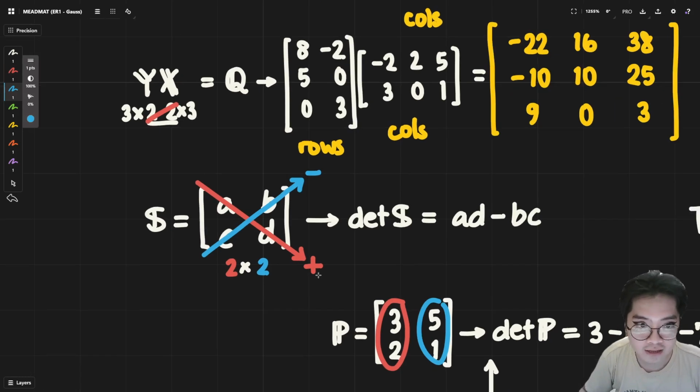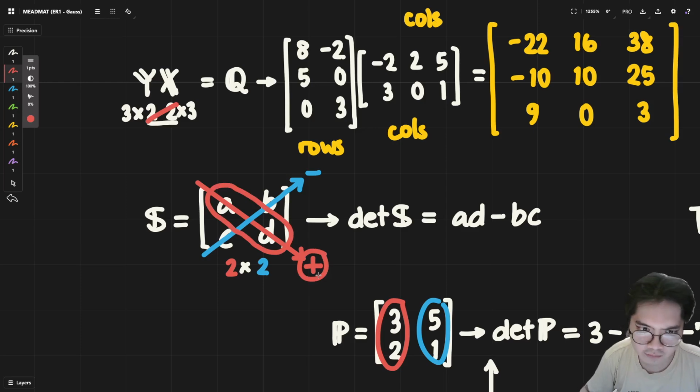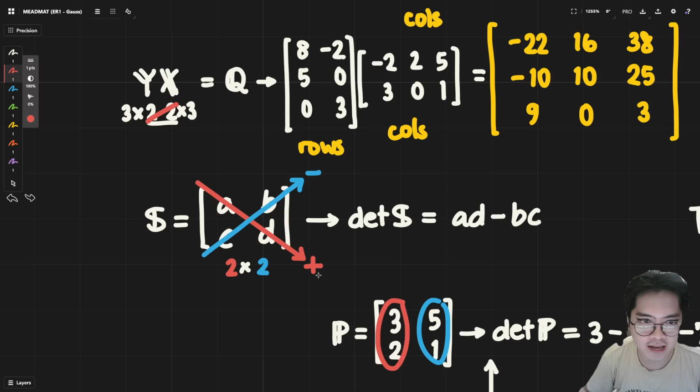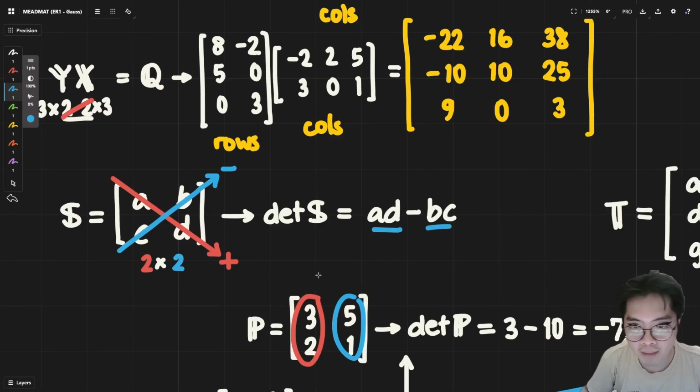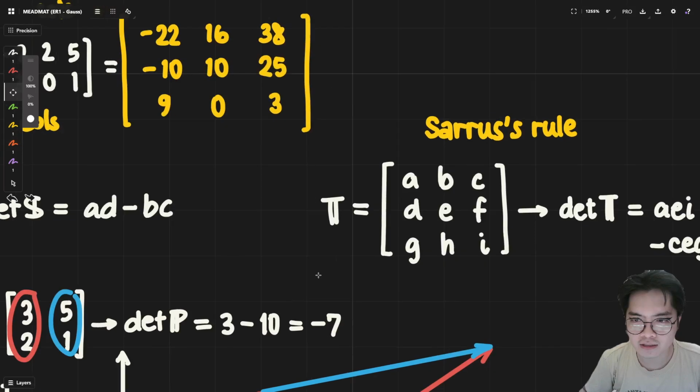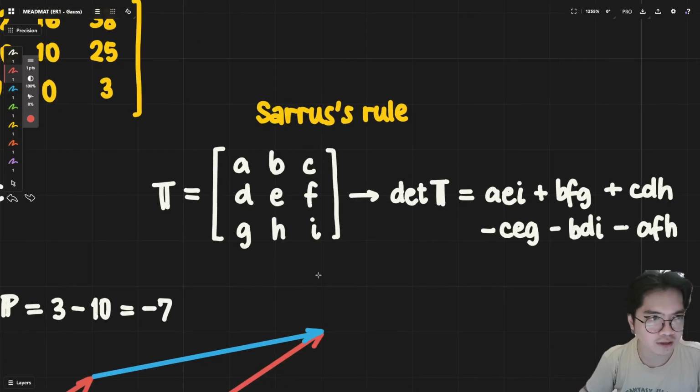That is why the determinant for this matrix S is A times D, positive, and then B times C, negative because this diagonal is going up. So it is AD minus BC.